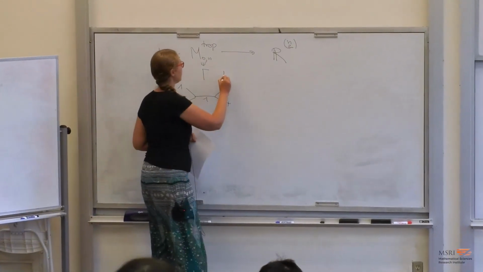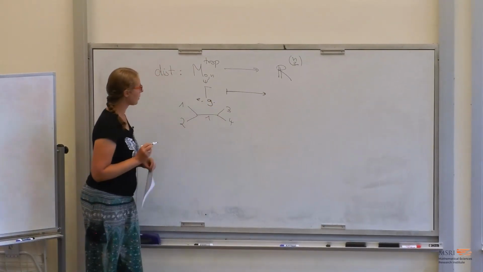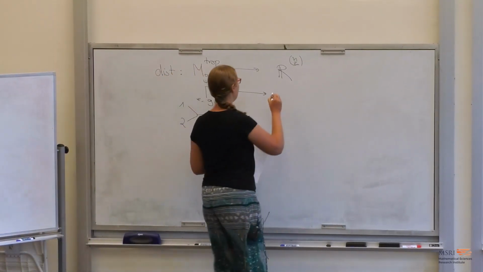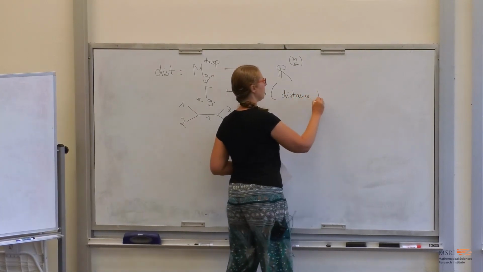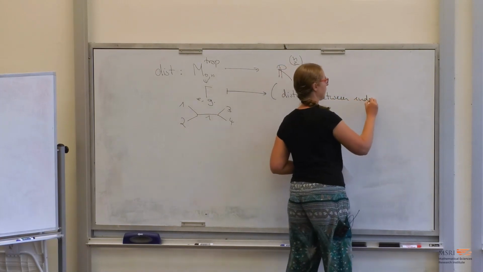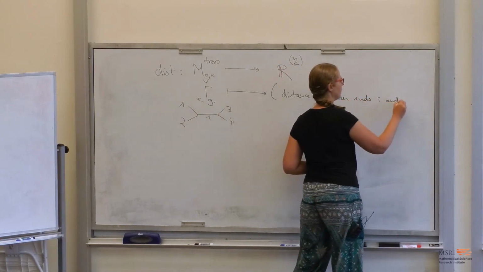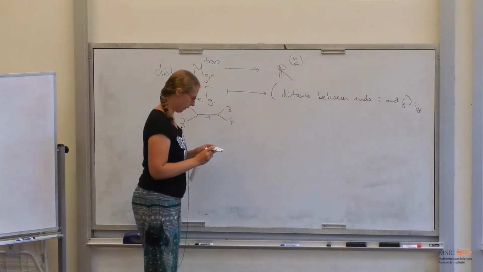And we map such a gamma, this picture, to the vector that records the distance between the ends i and j at the coordinate ij.